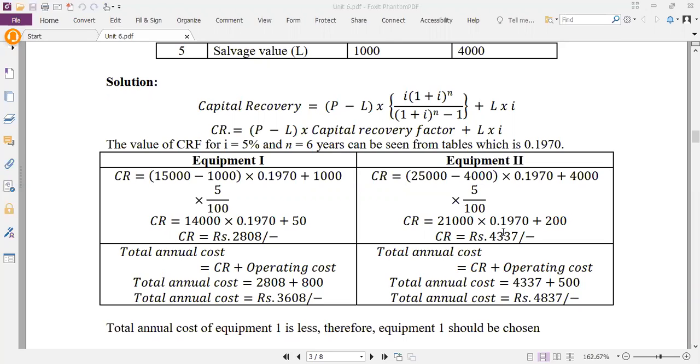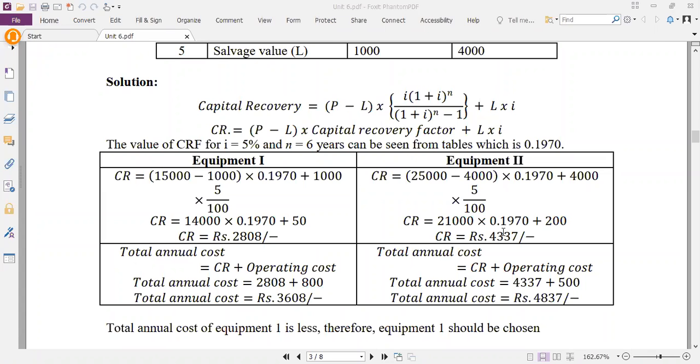That's why equipment 1 should be selected. So here you have two alternatives in front of you, and by using this capital recovery method or total annual cost method, you have selected that equipment 1 should be purchased, because equipment 2 has more annual cost.